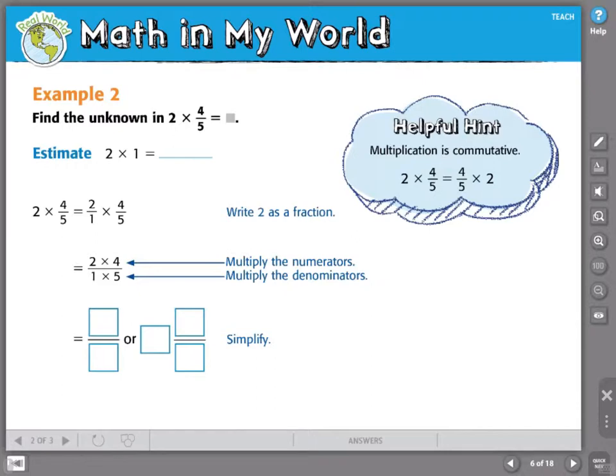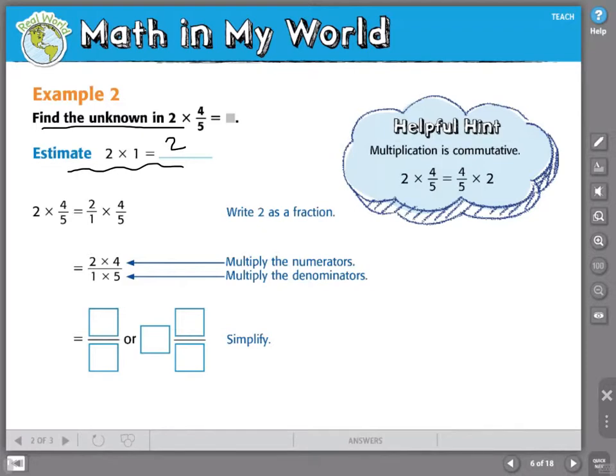Let's try another example. Here, we're asked to find the unknown in 2 times 4/5. That'll be about 2 times 1. So I know my answer should be about 2. Let's multiply and see what we get.